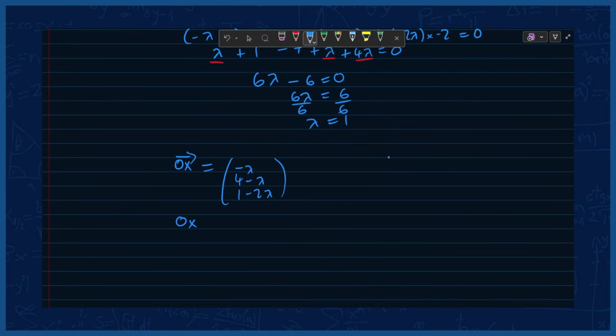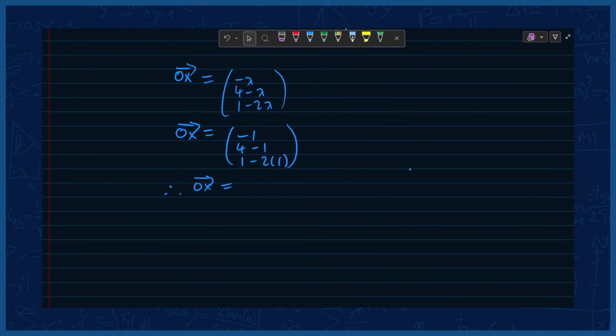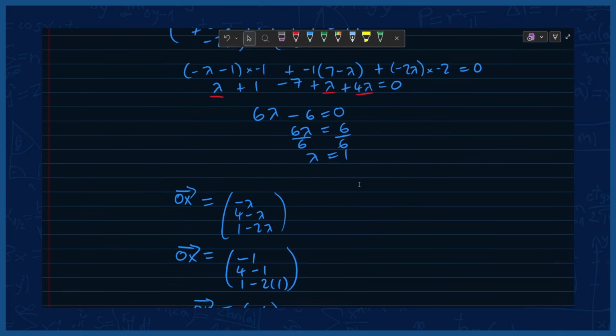So OX is going to be, this is negative 1, 4 minus 1, 1 minus 2 times 1. And so therefore OX has to be, this is negative 1, 3, then 1 minus 2, which is negative 1. And this is the position vector of the foot of the perpendicular from C to M.